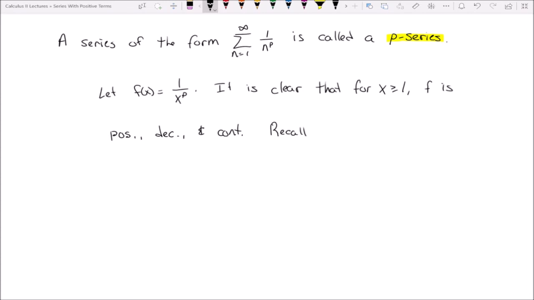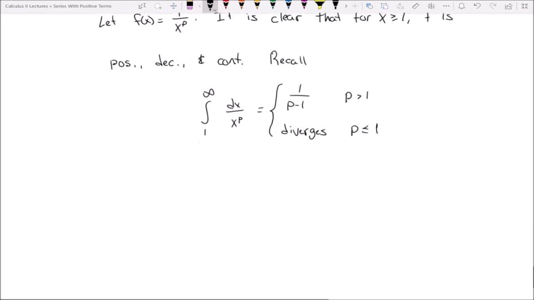Recall that we showed that this integral was equal to 1 over p minus 1 if p was larger than 1, and it diverged if p was less than or equal to 1. So we can now summarize this.